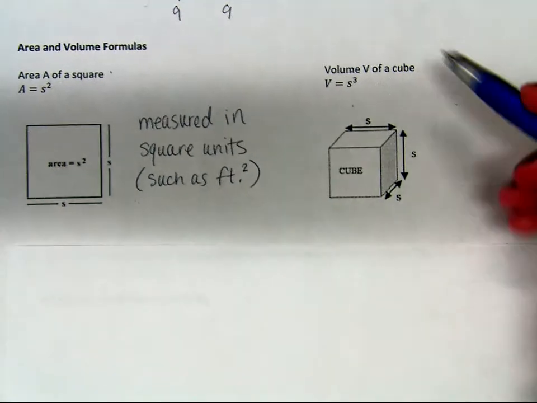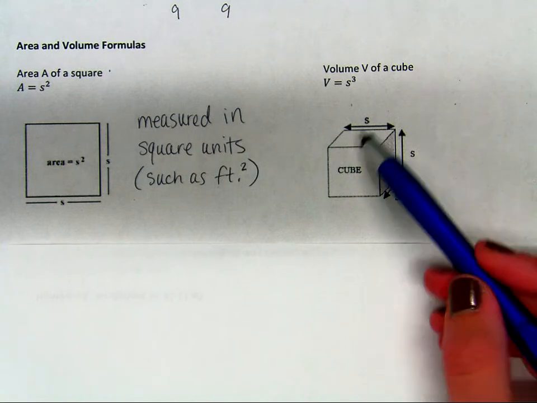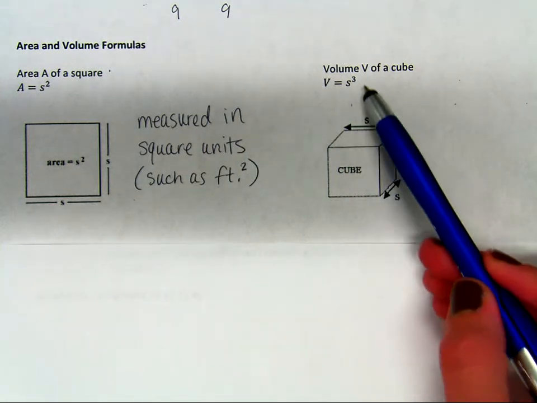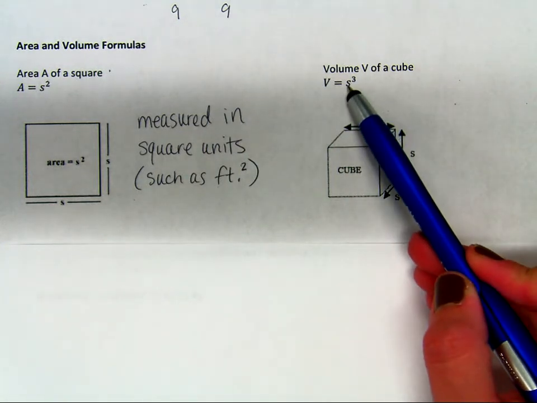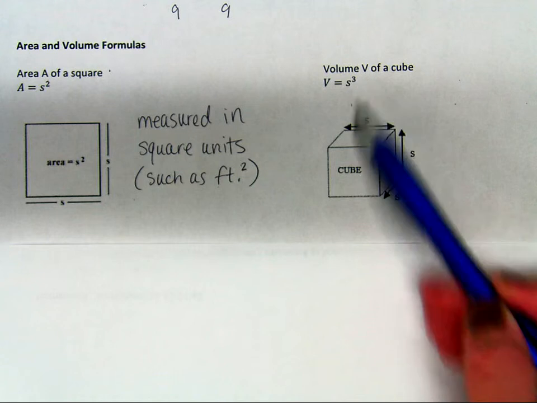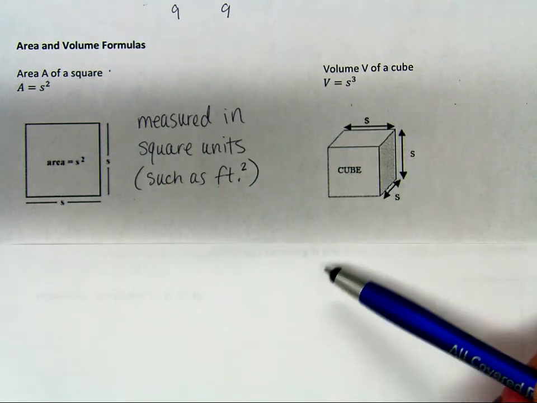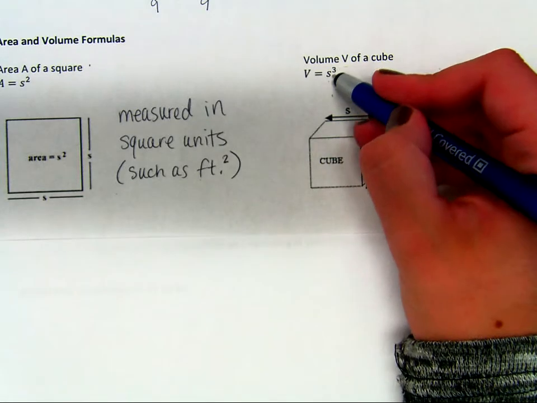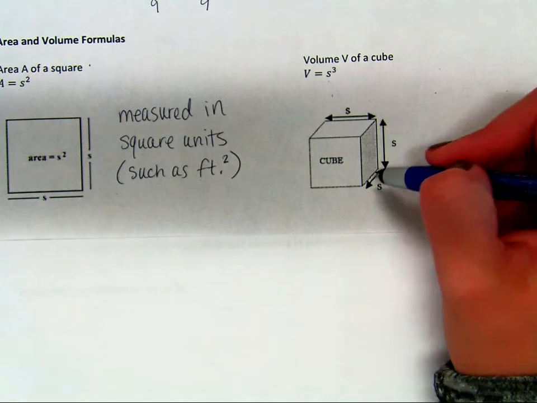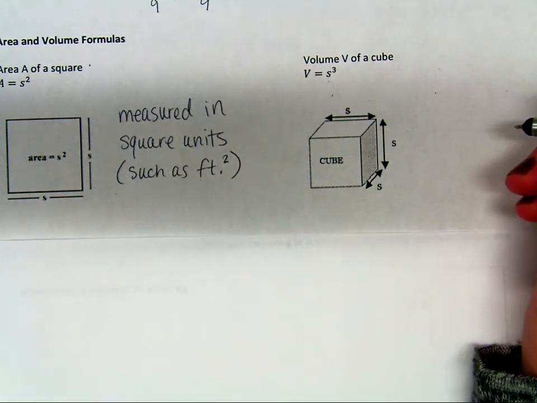Now the volume of a cube is found by taking the length of a side and cubing it. Kind of makes sense. It's called a cube. So s to the 3rd power, s cubed, is going to give you the volume of a cube.